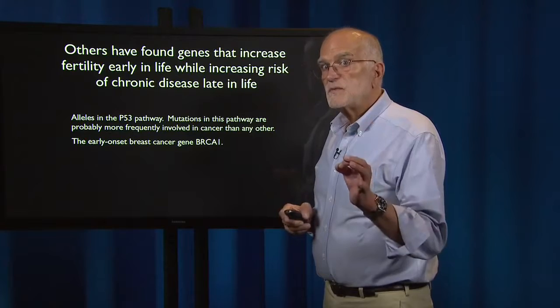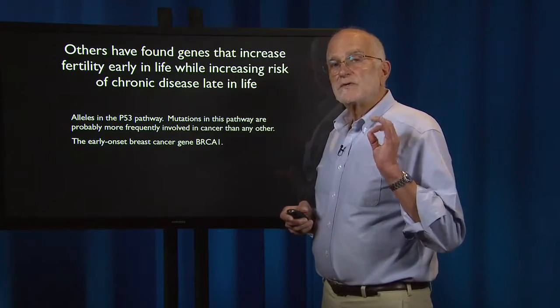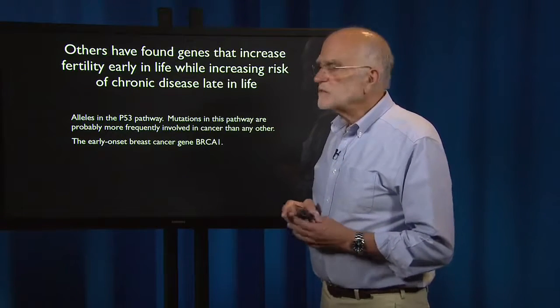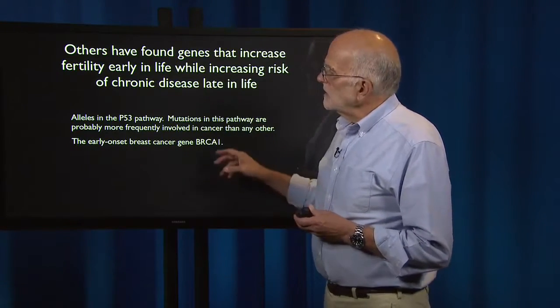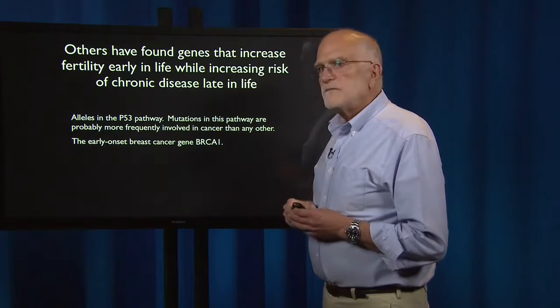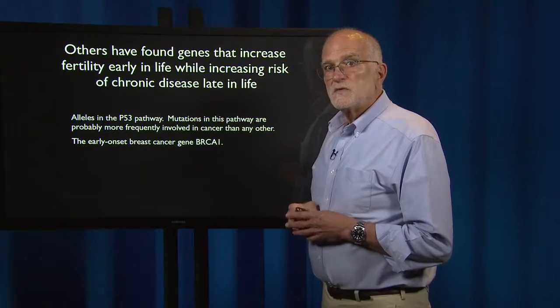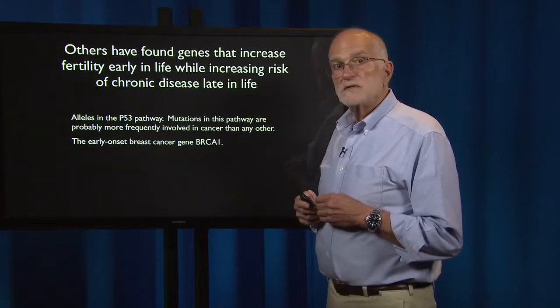So that's an extremely early event. And embryos that implant better into the endometrium are at increased risk of cancer later in life. Similarly, the early onset breast cancer gene, BRCA, is associated with shorter birth intervals and increased reproductive success in some samples.